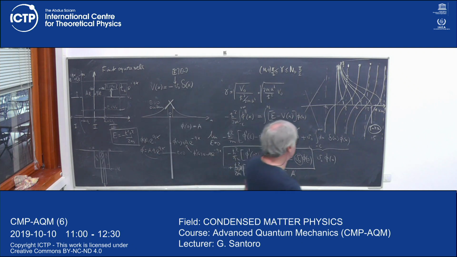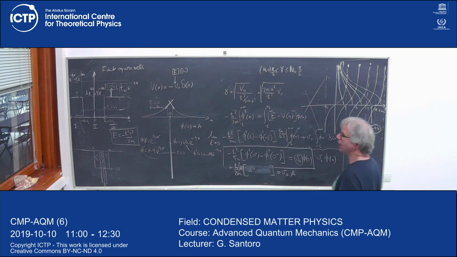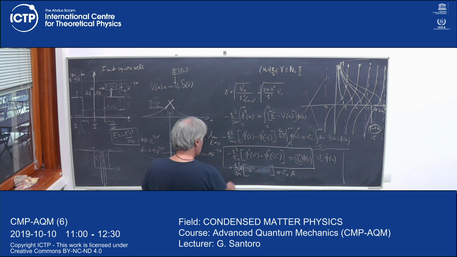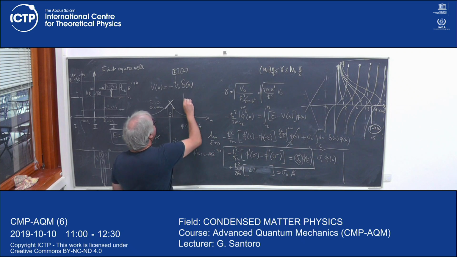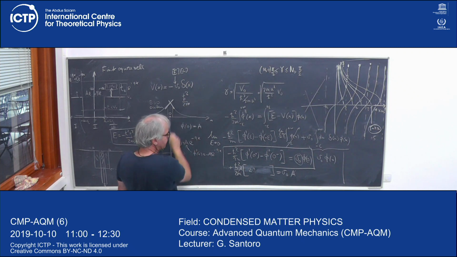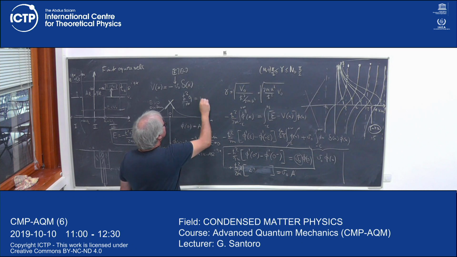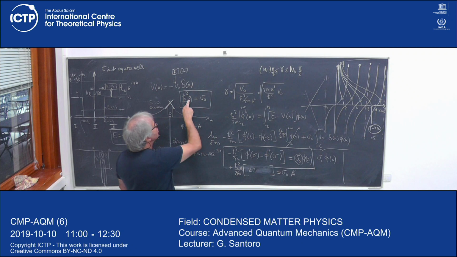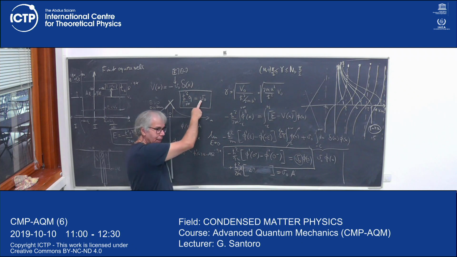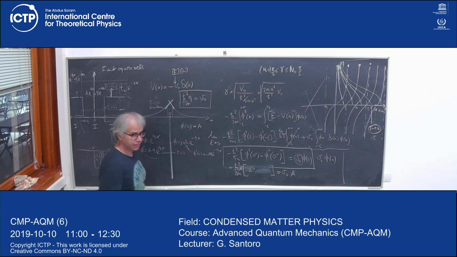But I have finally obtained my required condition, which is that h bar squared over 2m, over m, times q is equal to V0. And notice that it's not q squared, so V0 is not an energy. As promised, V0 is energy times length.